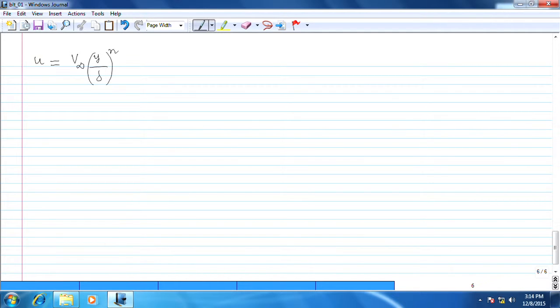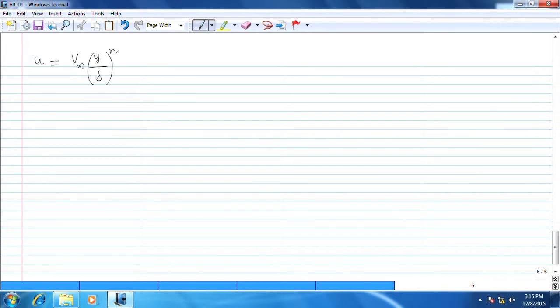You can see that when y is equal to delta, delta being the usual boundary layer thickness, u is equal to u infinity. That follows, and we are looking at laminar flow, right.